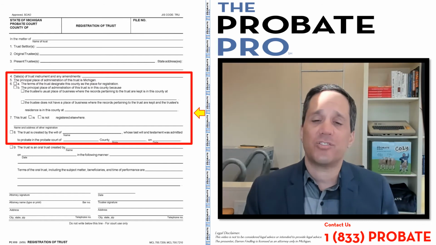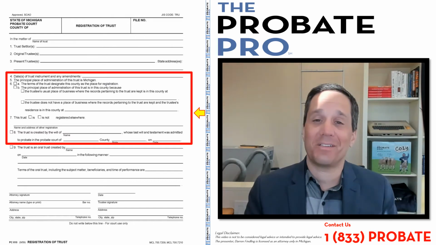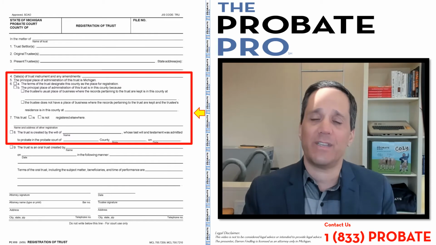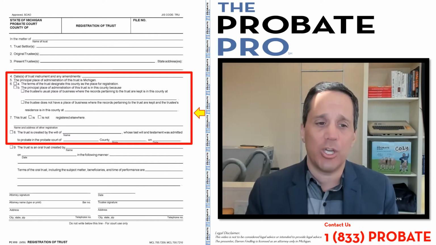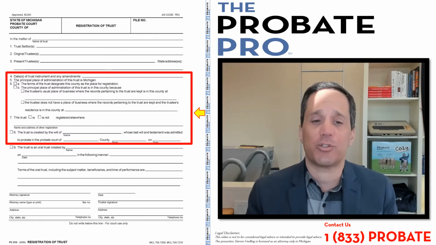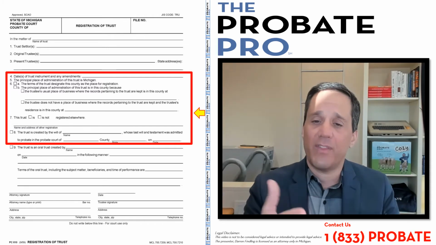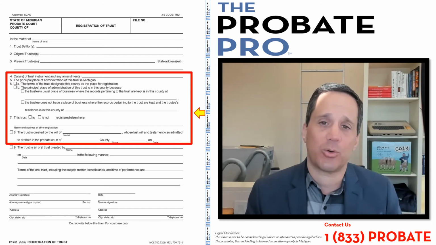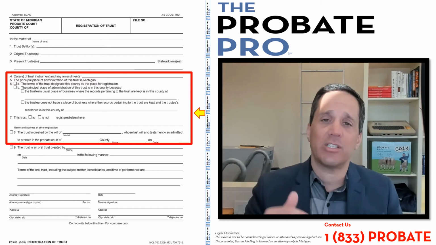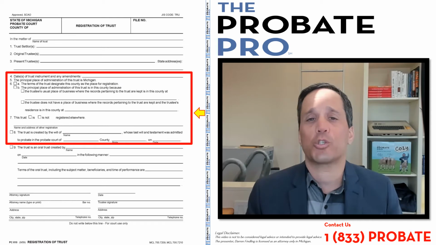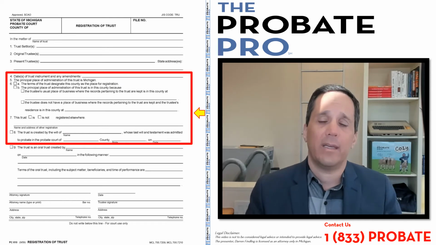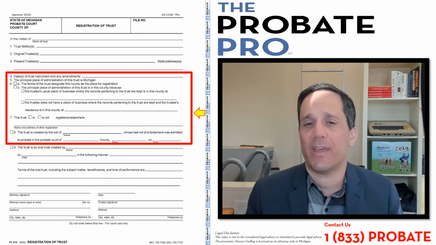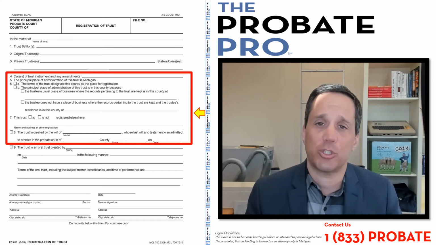6B says that 6A isn't the case, meaning that the venue isn't specifically provided within the trust document, but the principal place of administration of the trust is in the county that has been chosen here because, and then here is part of the statutory provision that identifies the venue selection for trust registration when the trust itself doesn't specifically identify the county upon which the registration should occur.